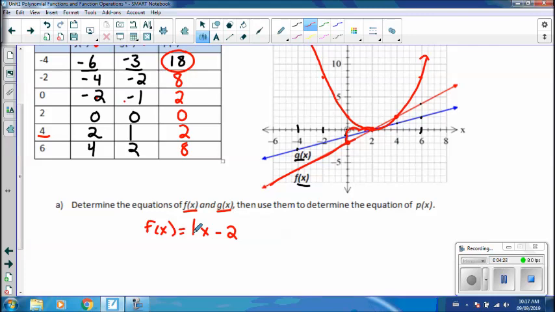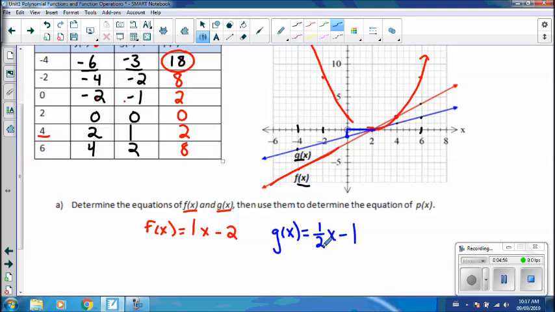And then if I turn my attention to the blue line, g of x, its y-intercept is at -1. And its slope, this one I go up 1 and over 2, so it's 1/2 x minus 1.